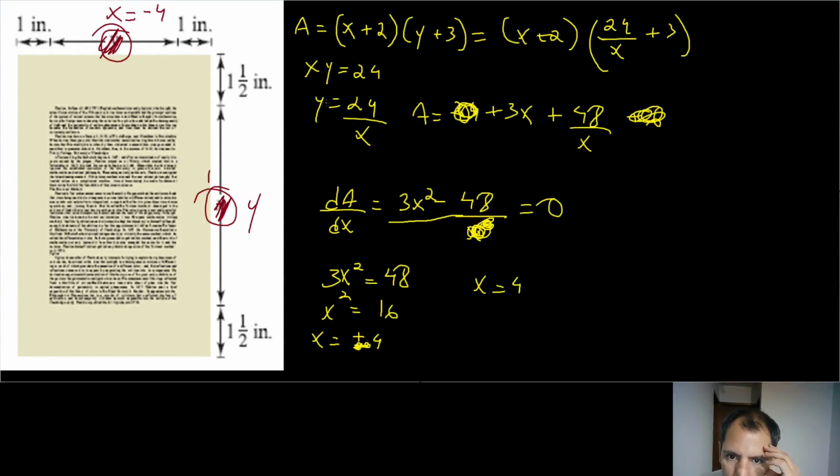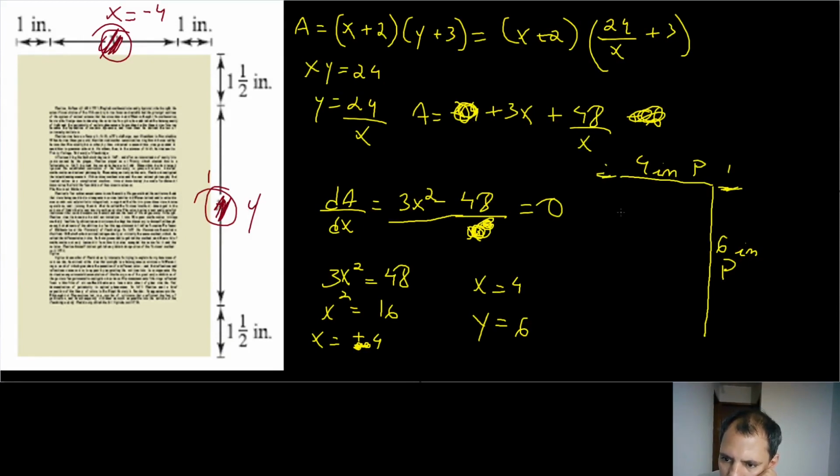Okay, now if xy equals 24, you know that y equals 6. So you're going to have a page where you have 4 inches of print in here, 6 inches of print in here, and then you have 1 inch of margin here and another inch of margin here.